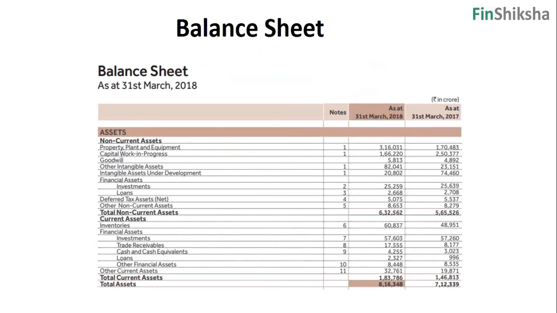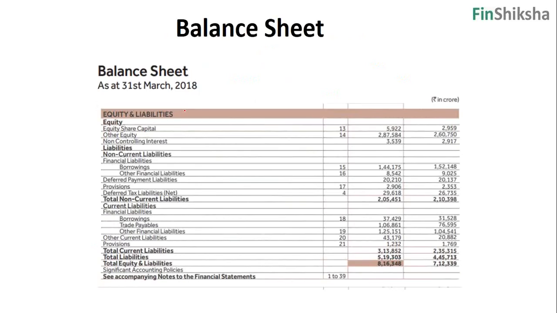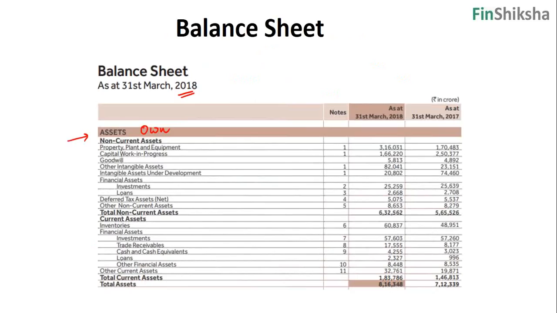What you see on the screen is the balance sheet and P&L of Reliance Industries, the latest ones as they appear in their annual report. As on March 31st, you will see the balance sheet is divided into parts such as assets, which is what you own, and liabilities, which is what you owe, right?